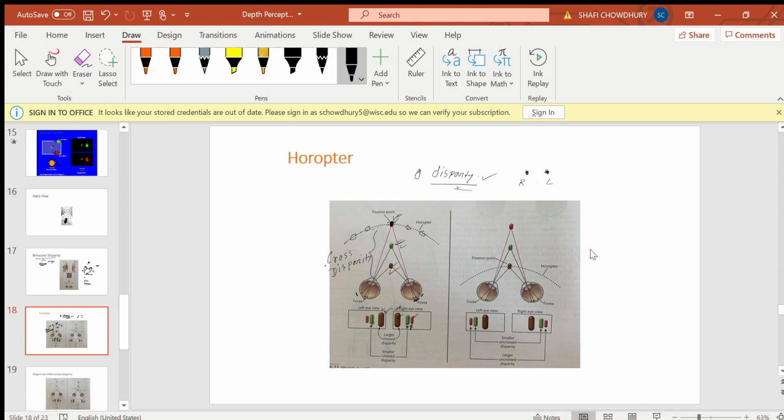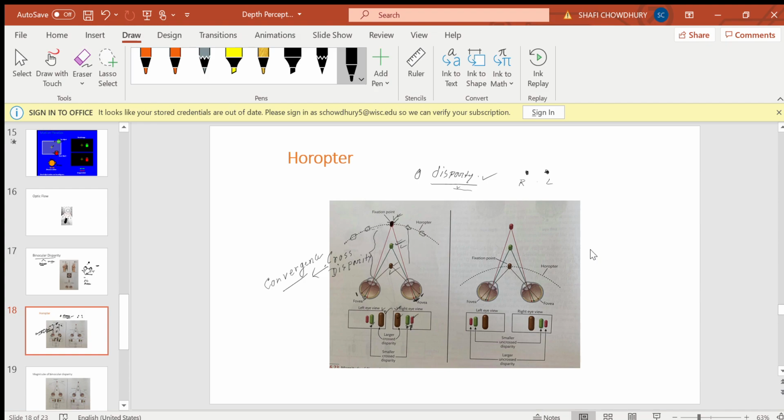Why do we say crossed? Because as you move the object near, you have to move your eyes towards each other. That's the convergence. So crossed disparity occurs in convergence.